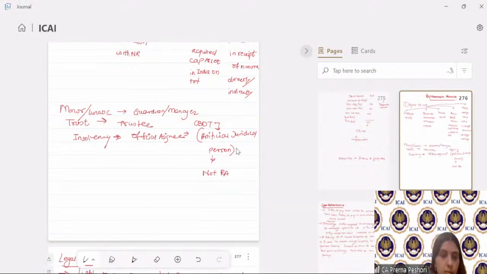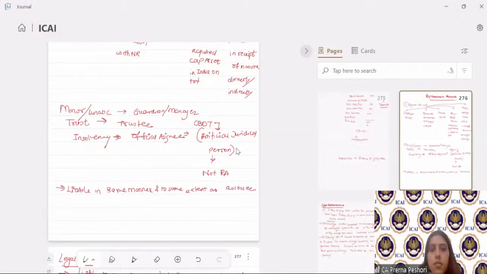So the representative assessee is liable in the same manner and to the same extent as the assessee. Is that clear?